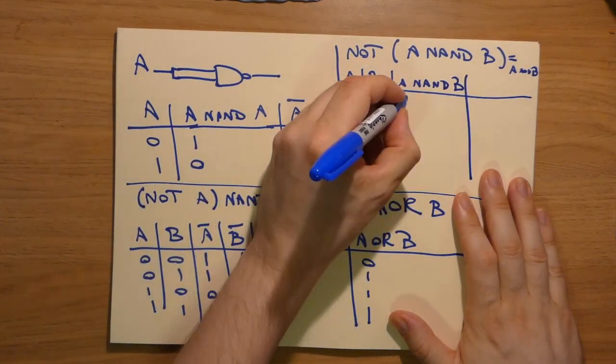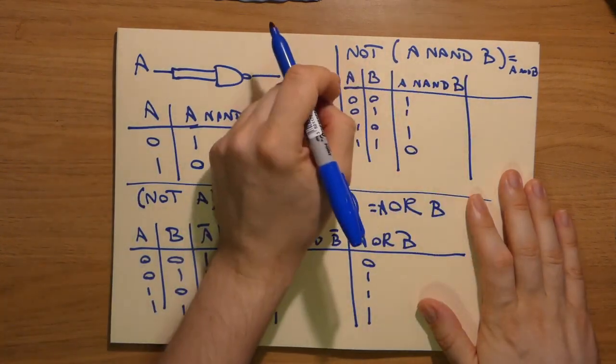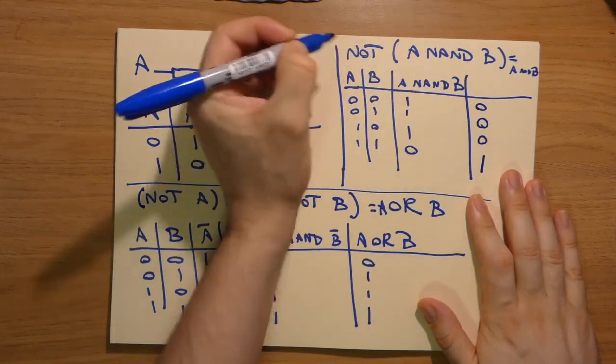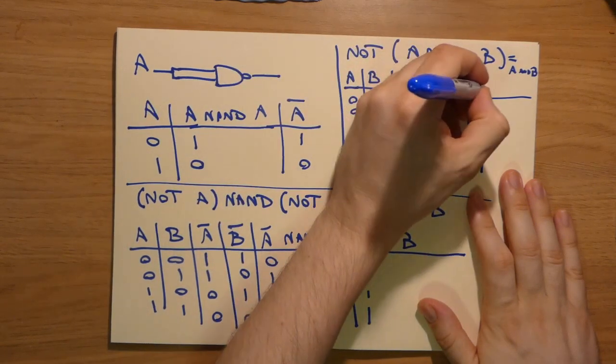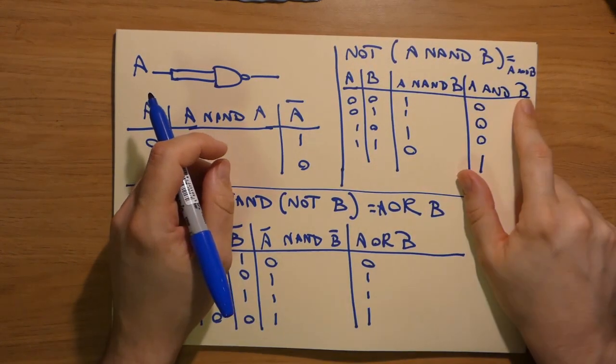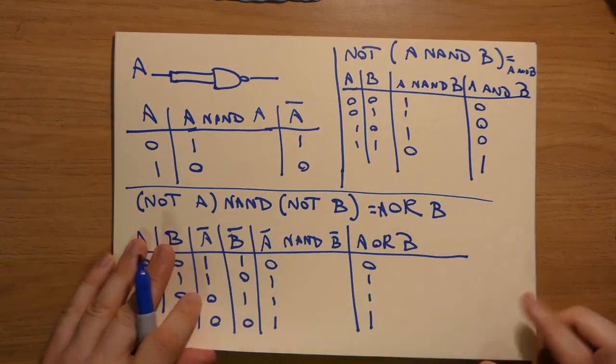Both are 1, that will be a 0, it will be a 1 in every other case. And then simply NOT this. And that, sure enough, is the same as A AND B. So that works as well.